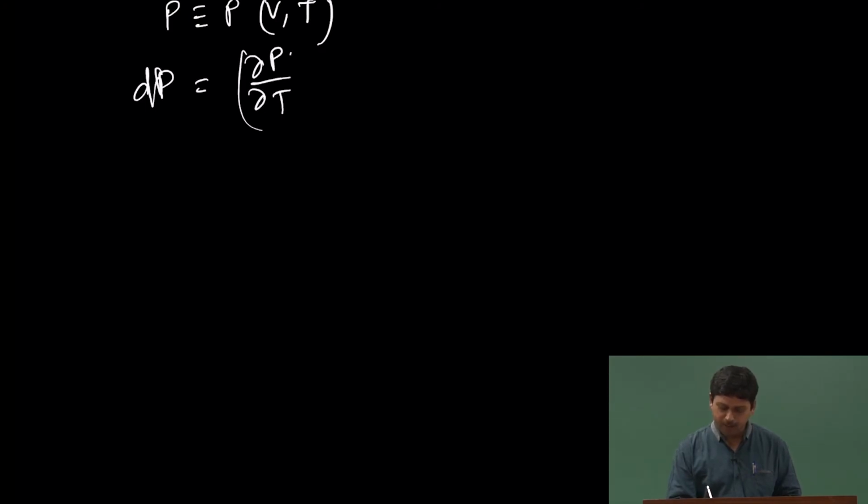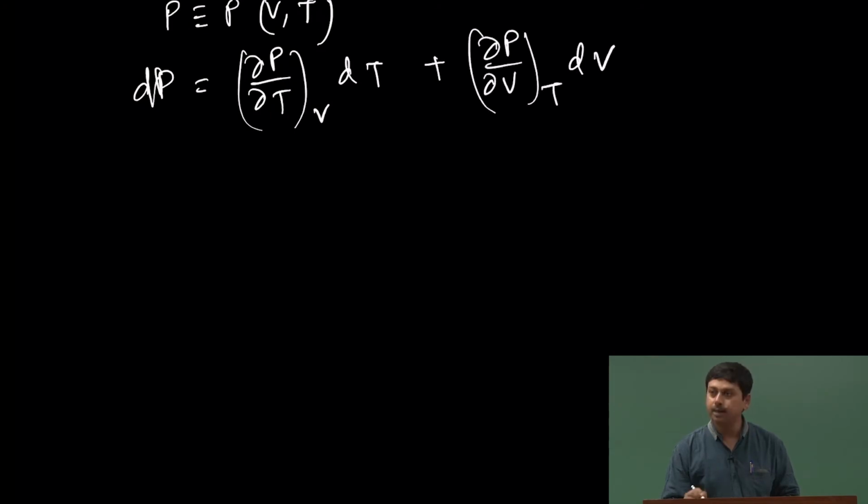Since P is a function of V and T, we can write dP as del P del T at V dT plus del P del V at T dV, right. We can write that. Now, we have already calculated what those quantities are. What was the del P del T at a constant V?